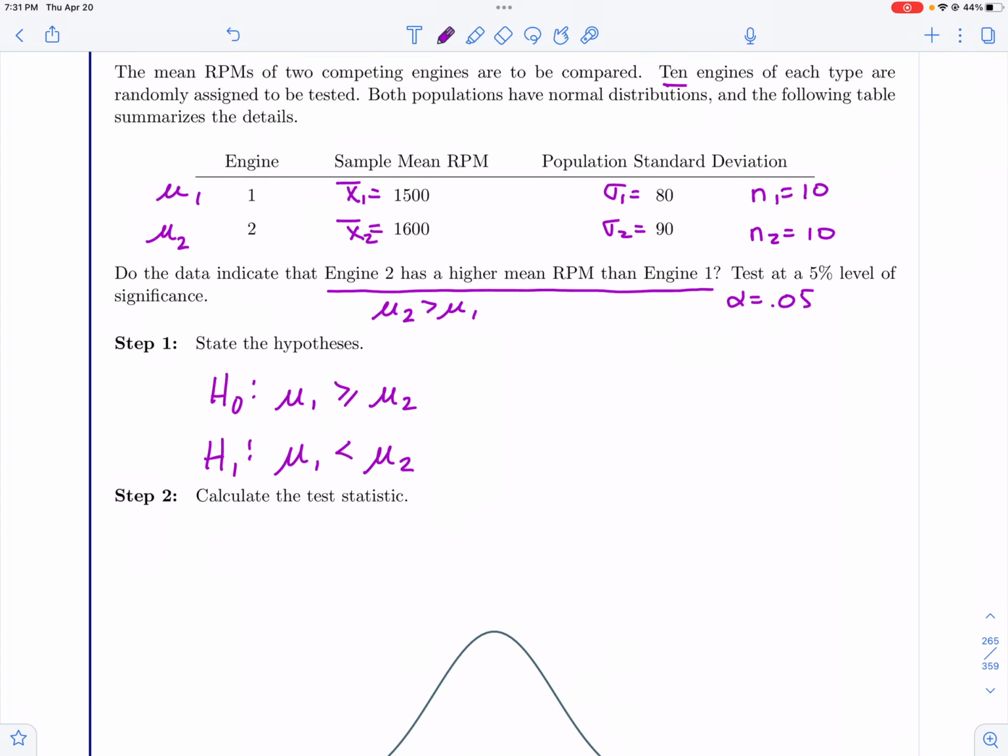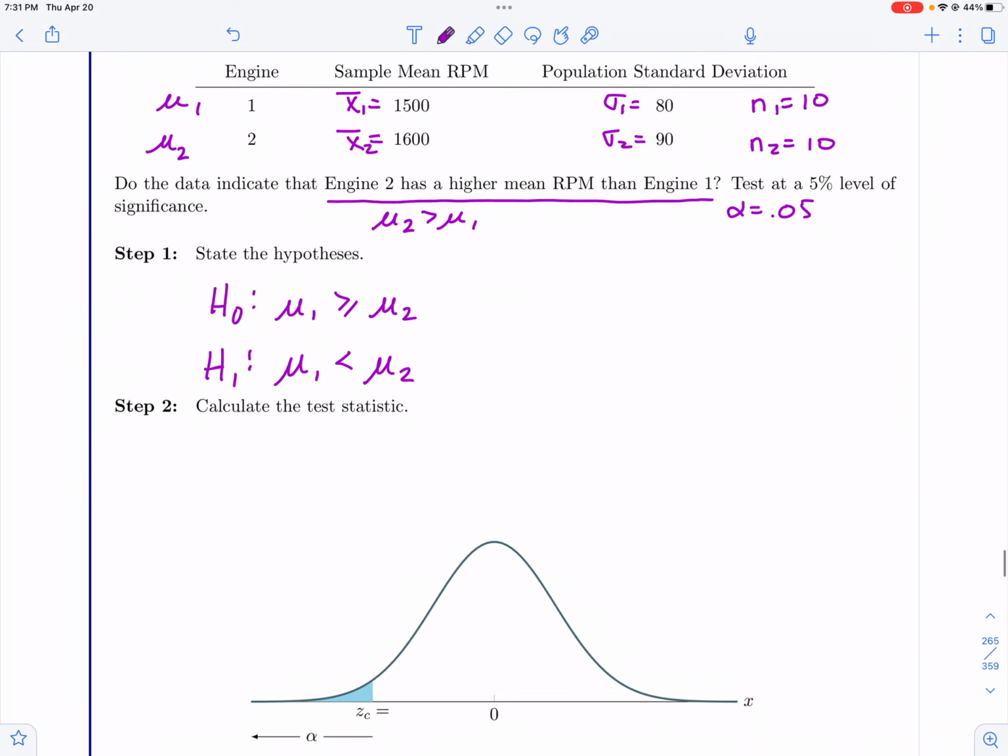So, all right, now let's go ahead and focus on our test statistic. Again, just to remind us what our z sub t looks like: we're going to take sample mean 1 minus sample mean 2, all divided by the square root of sigma 1 squared over n1 plus sigma 2 squared over n2. And again, all that stuff's inside the square root.